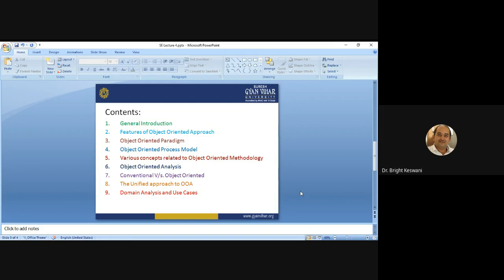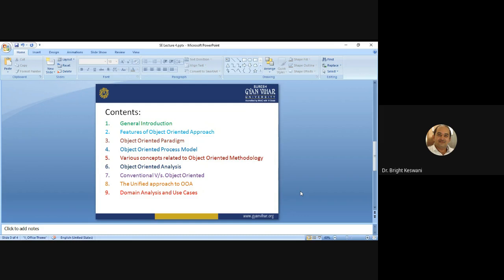The behavioral model view represents the dynamic aspects of a system, and it also depicts the interaction or collaboration between various structural elements. The user model view represents the user's perspective, and the implementation model view is the structural and behavioral aspect of the system, a combination of both. The last one is the environmental model view, which is the structure and behavioral aspect of the environment in which the system is to be implemented or represented.